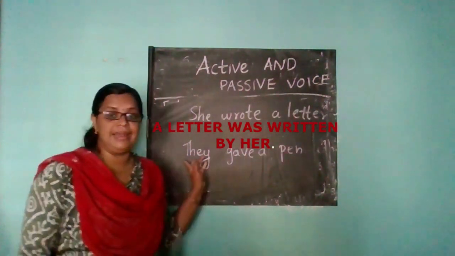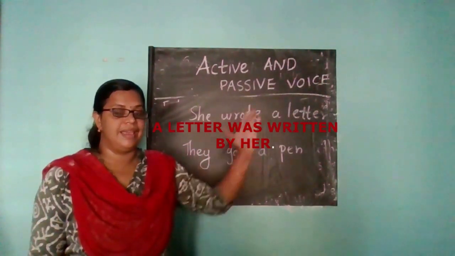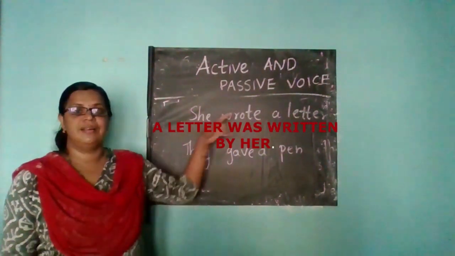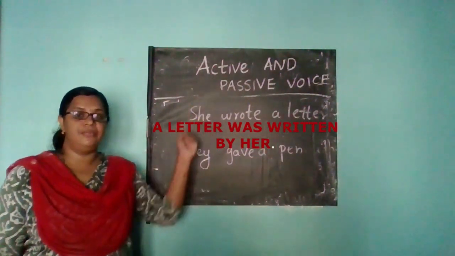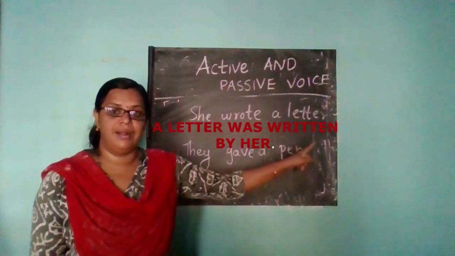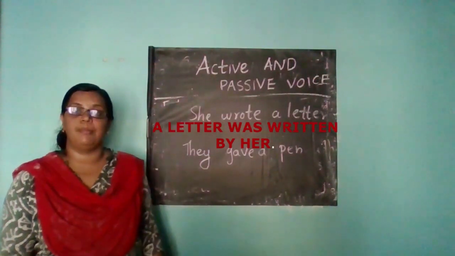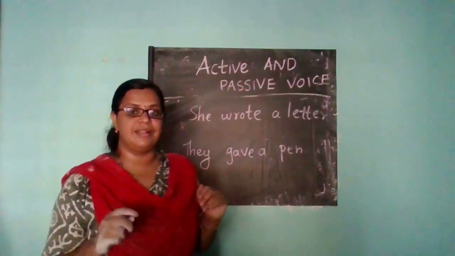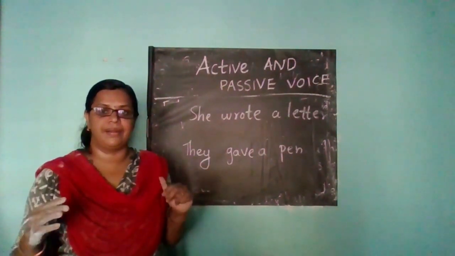Here, a letter is singular, so you can use was. A letter was written by. Here we can see subject pronoun. She will become her. A letter was written by her. What is the answer? A letter was written by her.